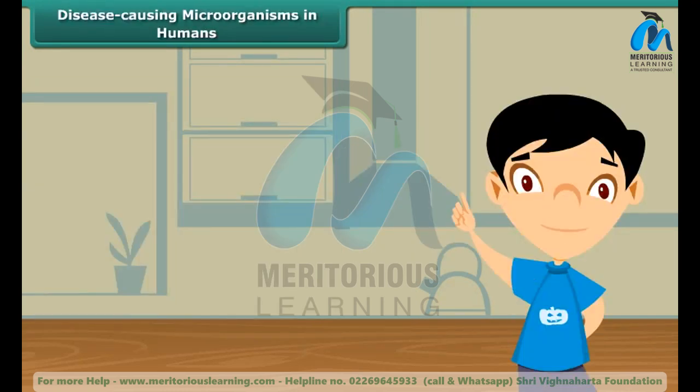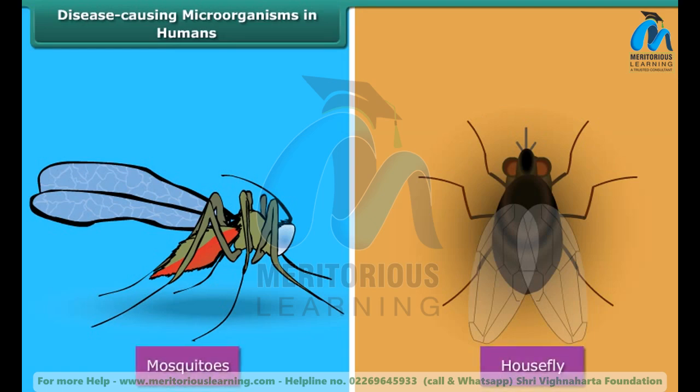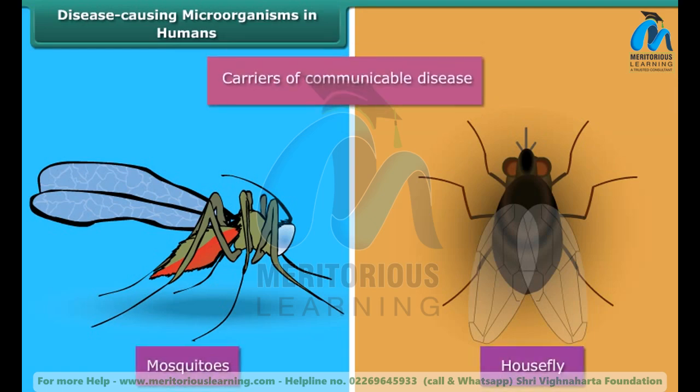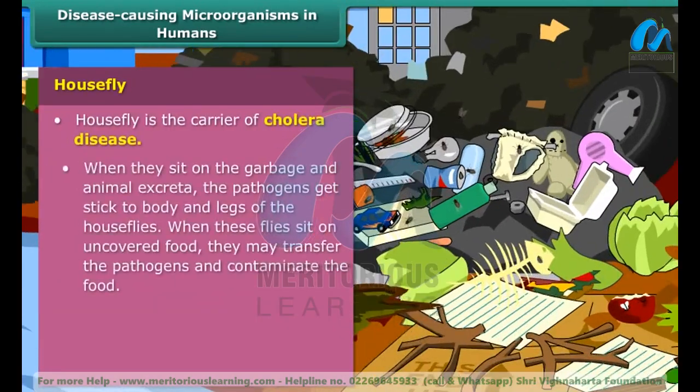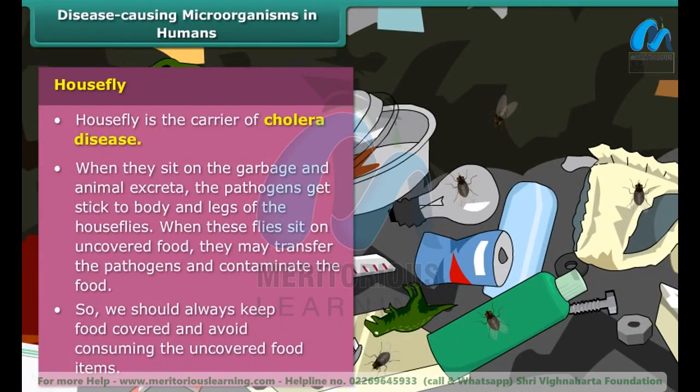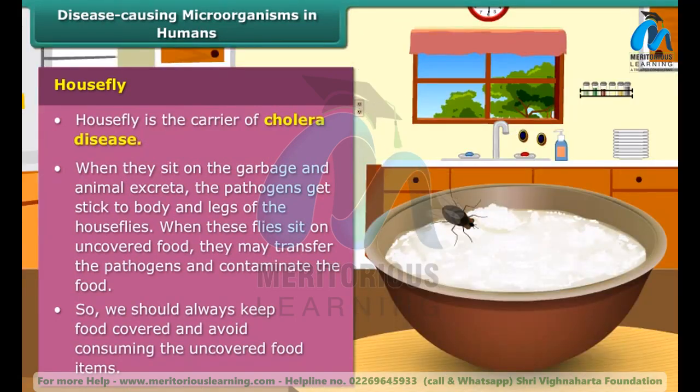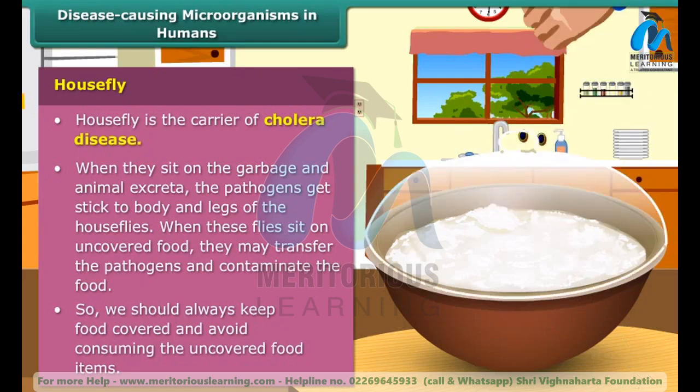Friends, some insects and animals found in our surroundings act as carriers of pathogens. Housefly and mosquitoes are common examples of such carriers. In cholera, the housefly is the carrier of many pathogens. To prevent cholera, we should always keep food covered and avoid consuming uncovered food items.